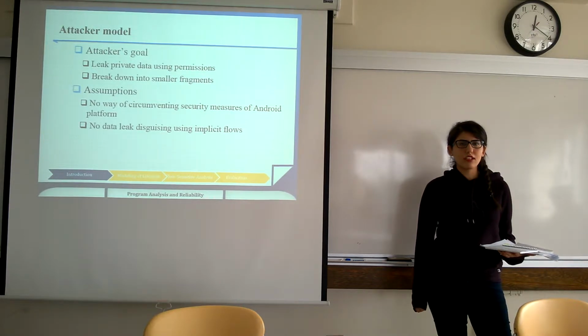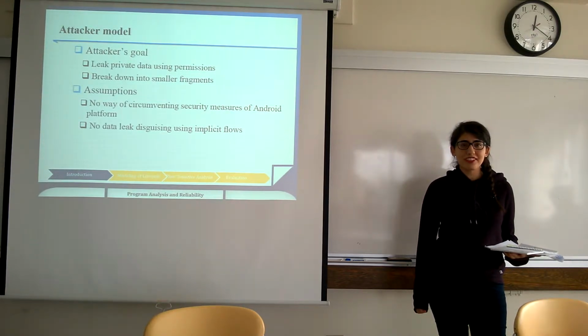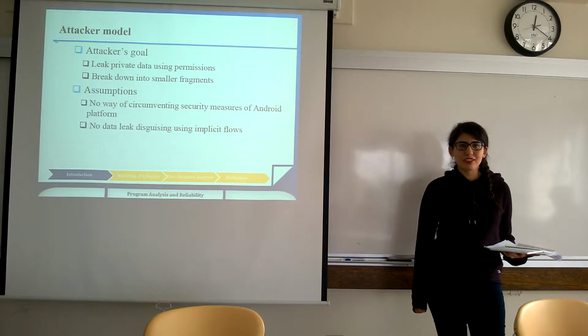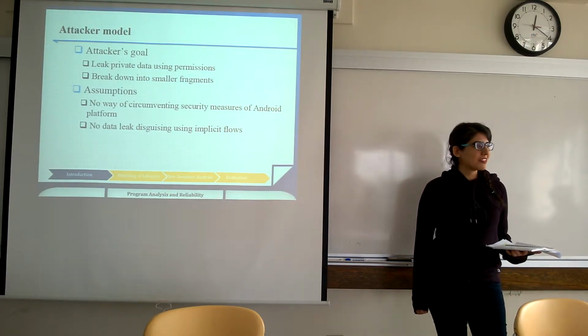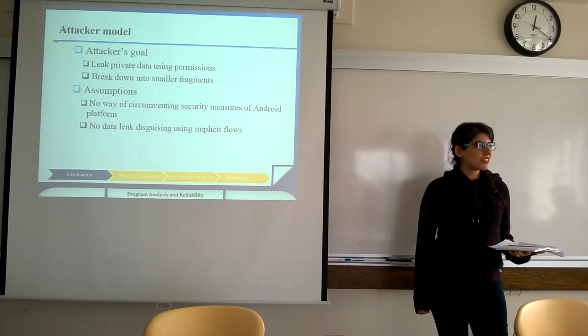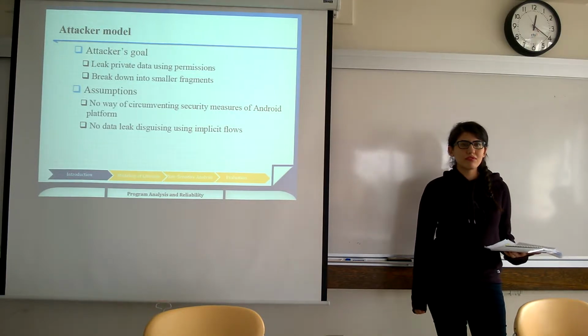You're saying control dependencies are implicit flow? Right. So implicit flow is when there's no direct data dependence flow from the tainted source to the sink.